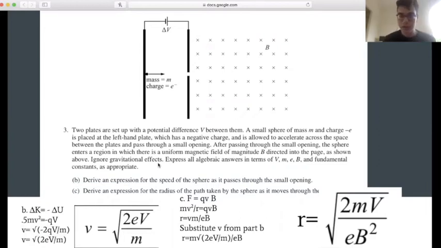And then we're not allowed to use little v, which is velocity. So we'll sub in from our last part, our velocity expression in terms of V, which is the potential difference, e and m. And so we'll get that r is equal to the square root of 2mV over eB squared. And so that's just substitution and sort of connecting everything together.